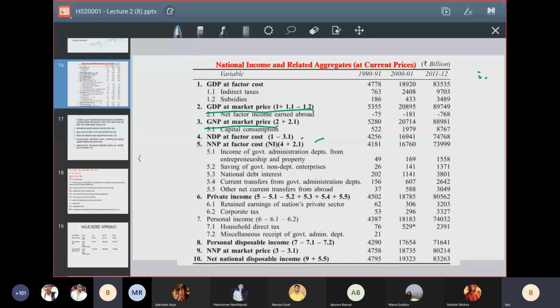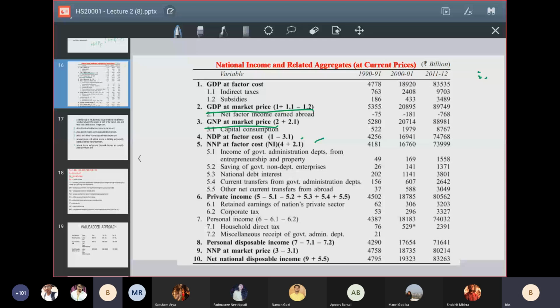That gives you the private income. From the private income, you can now calculate your personal income as private income minus retained earnings of corporations. That is given as serial number 7.